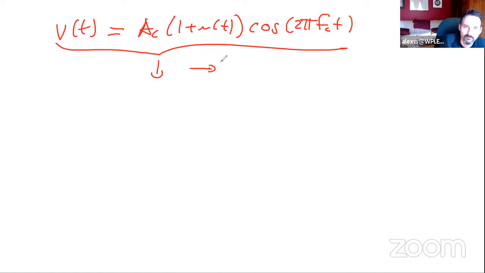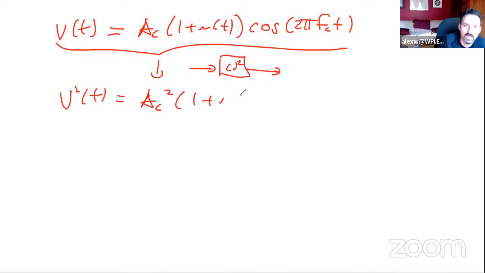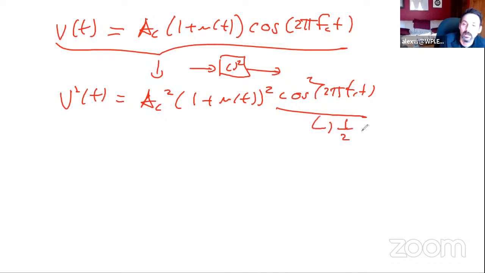It'll look like a little box, square. I've now got AC squared 1 plus m of t squared, and we know what happens with the trig identity: cosine 2 pi 2 FC t.